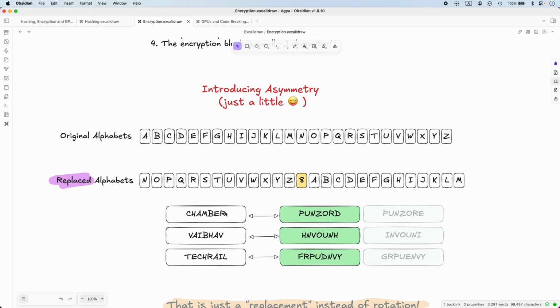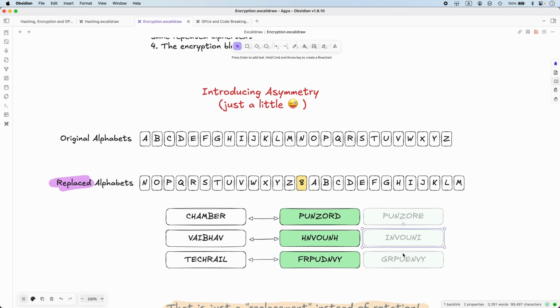So now, you are getting a new value, which is not very different, right? But if you apply the same logic with this input, A becomes N, and N now becomes 8.